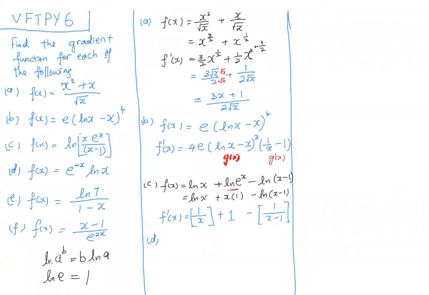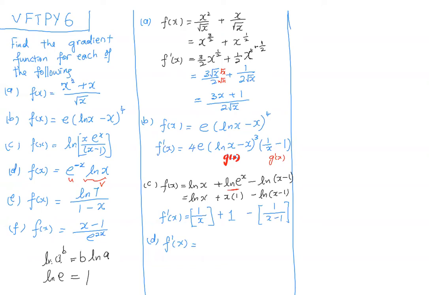Ishan, how to do D? What rule? Product rule. Yes, you are right. So this is your U and this is your V, correct? Ishan, you can straight away use the product rule. Tell me what to write down.